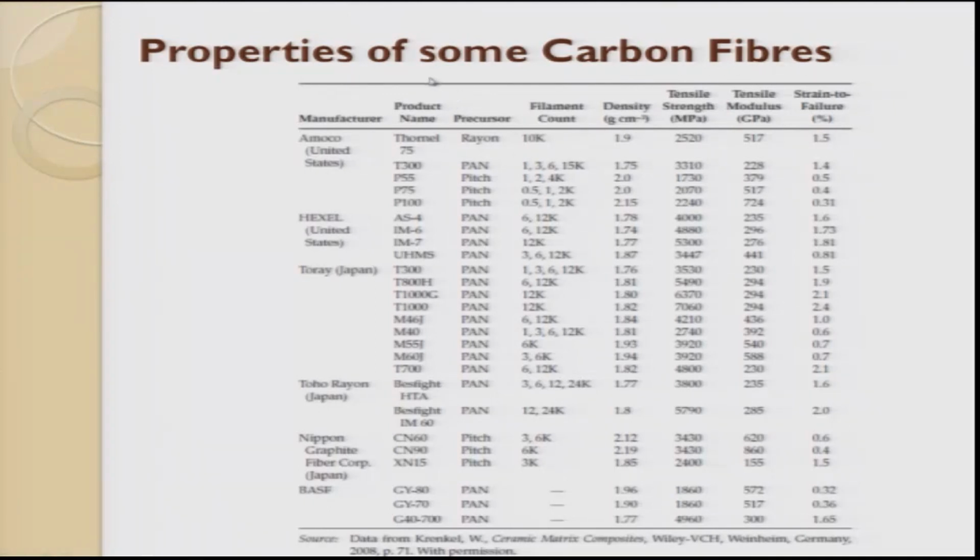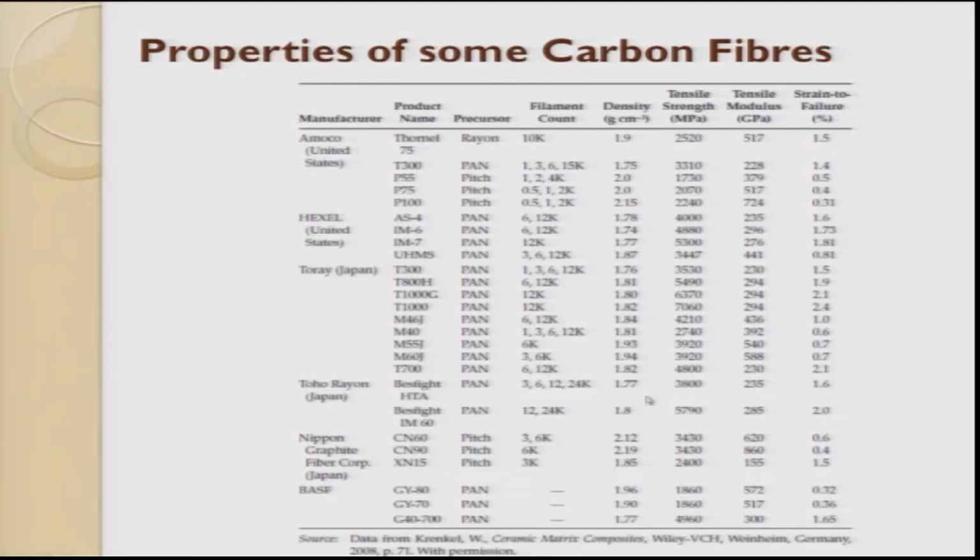So here are the product names which are available, and these are the precursors. If you see, there are three types of precursors: rayon, PAN and pitch. These are all petroleum product precursors. And then you can see the filament count. This scale starts from thousands, 2000 counts. You see the density.